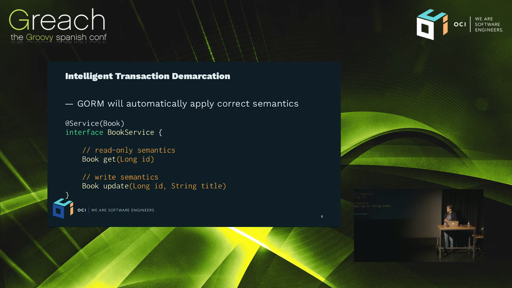So like I said, for that fairly trivial example, in the case of the find method, or in this case I'm using a method called get, we have some common method signatures that we look for: get, read, retrieve, find, search, that are all regarded as automatically read-only unless you do something weird. And then we have the equivalent for write operations. We look for operations like update, store, save, etc., and apply the correct semantics to this operation.